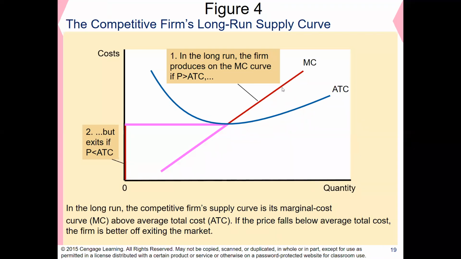We know the profit is equal to total revenue minus total cost. And if the price falls below the average total cost, where total revenue is less than the total cost, then you will incur a loss and you are not motivated to be in the market. You will just exit the market as a firm.